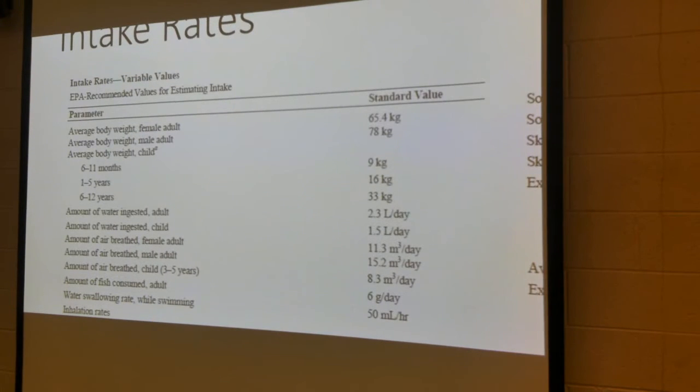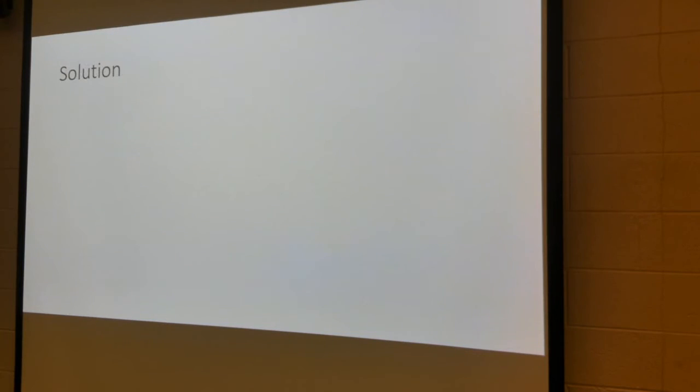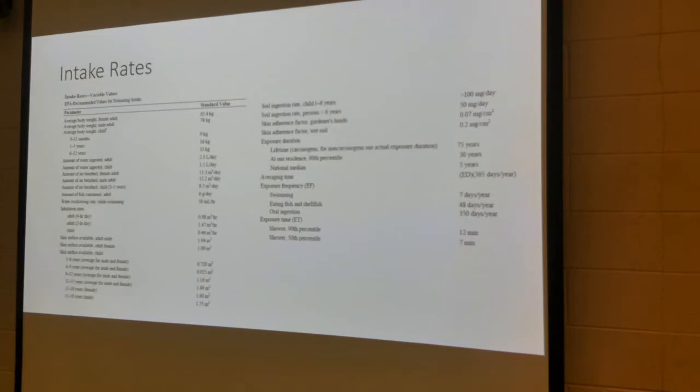It's going to give you the average body weight for a woman, for a man, for a child in different age ranges, the amount of water an adult drinks per day, the amount of air a male adult breathes per day, and a female adult breathes per day. It changes from person to person. It's all different, and it's specific to certain problems.